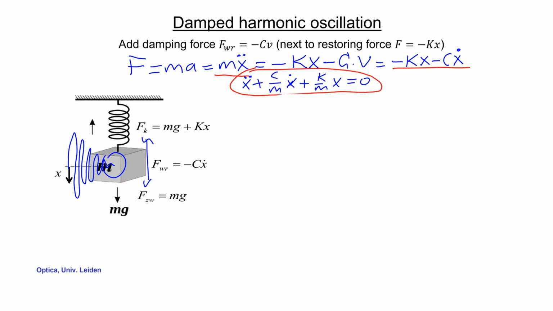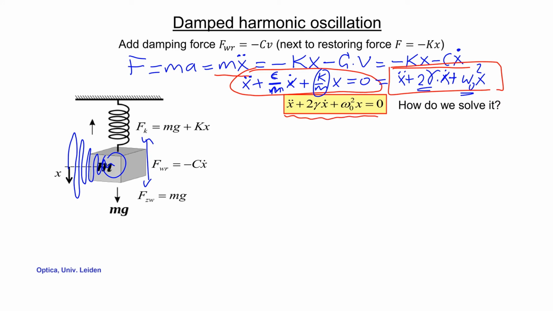And this we can write in a standard form by defining a damping rate gamma such that 2 times gamma is c over m, and by defining the eigenfrequency of the harmonic oscillator as omega 0 squared, which is k over m. So this is the generic form of the damped harmonic oscillator, which I write here in a more readable format.